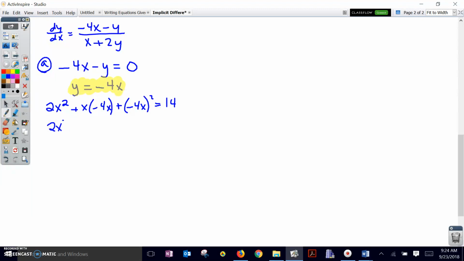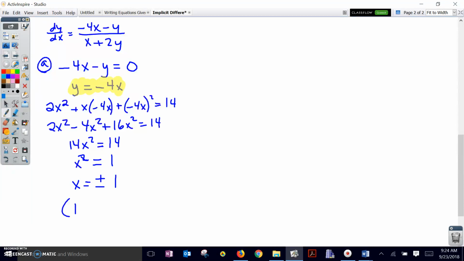Got 2x squared minus 4x squared plus 16x squared equals 14. Summing all those up, I get 14x squared equals 14. So x squared equals 1, which means that x is equal to plus or minus 1. And so my points for this portion are going to have x coordinates of positive 1 and negative 1.